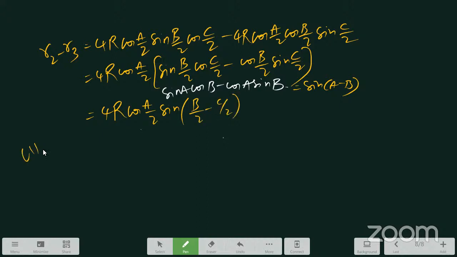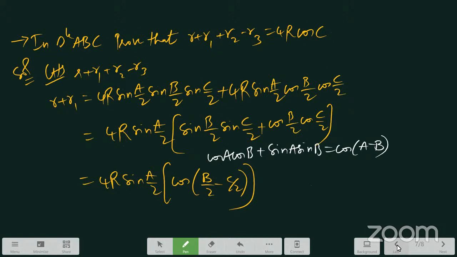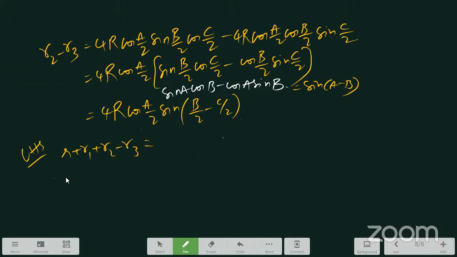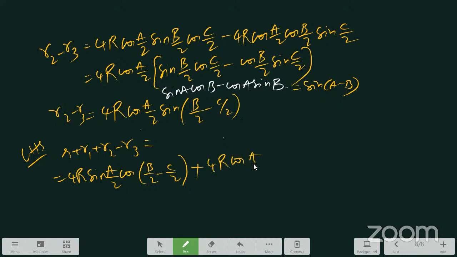Now again you take your LHS. What was your LHS? R plus R1 plus R2 minus R3. R plus R1, what we got in previous board? 4R sin A by 2 cos B by 2 minus C by 2, correct? Plus R2 minus R3, what we got? 4R cos A by 2 sin B by 2 minus C by 2.